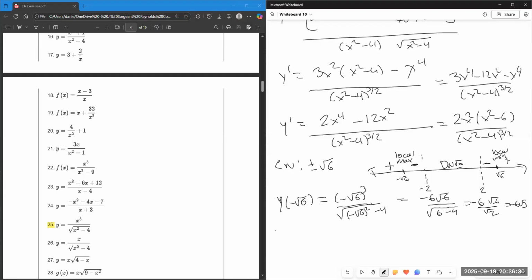We already said decreasing on this interval and increasing on this interval, and decreasing and increasing. Let me just go ahead and confirm that this is correct with my calculator.